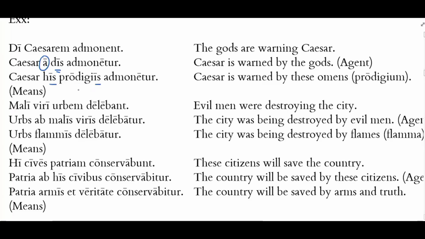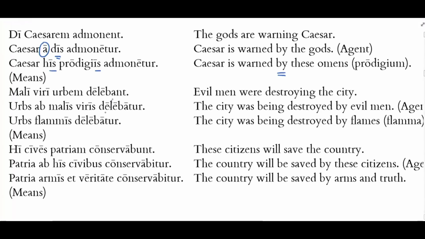But no preposition. This is an ablative of means, not ablative of agent, because agents are personal. Gods have intentions, omens don't. Yeah, I'd still translate it as by, okay? But in this ablative of means, there's no preposition in Latin, but in English I have to add one. So warned by the omens.